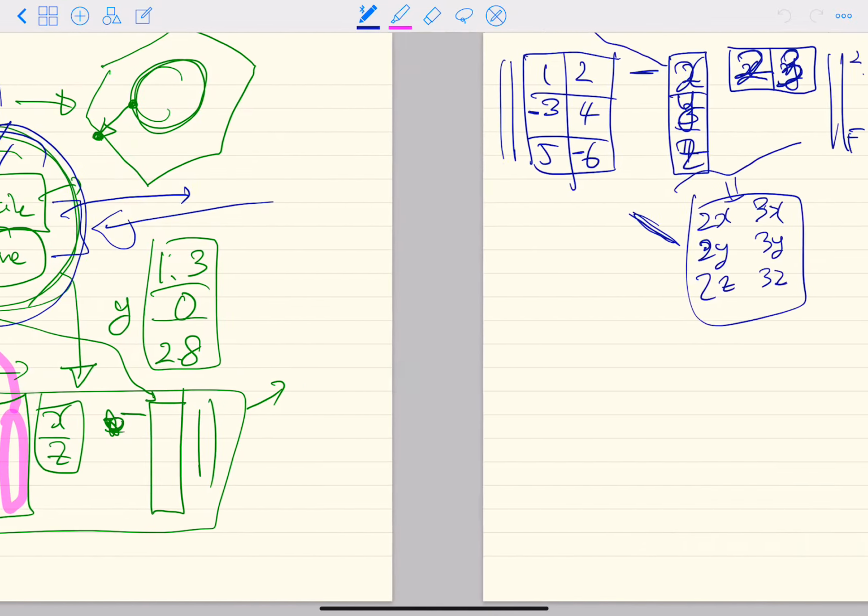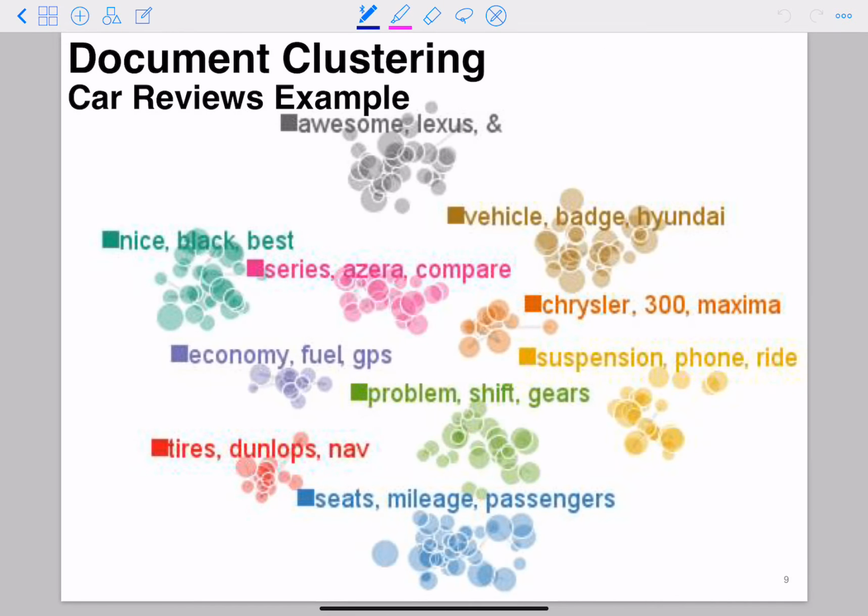So we can apply topic modeling, or matrix factorization, to the term document matrix and obtain this nice visualization. Each document is represented as a single dot, and we see 10 different clusters, so we obtained 10 different topics. We set K as 10 and computed non-negative matrix factorization on this term document matrix.